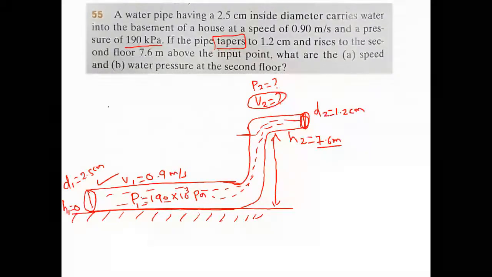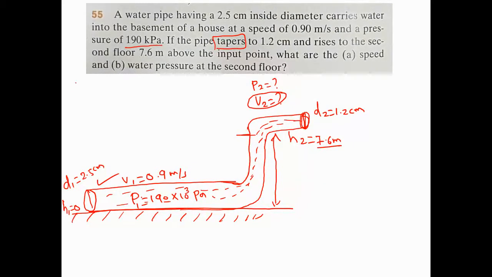First I'm going to find the answer for the first question by using the equation of continuity. Brother, listen carefully. What is your equation of continuity? A1 V1 is equal to A2 V2. We are going to find the value of V2. Therefore, V2 is equal to A1 V1 over A2. What is your A1?